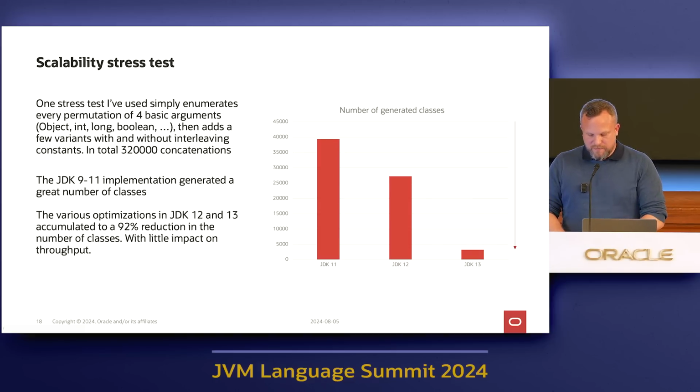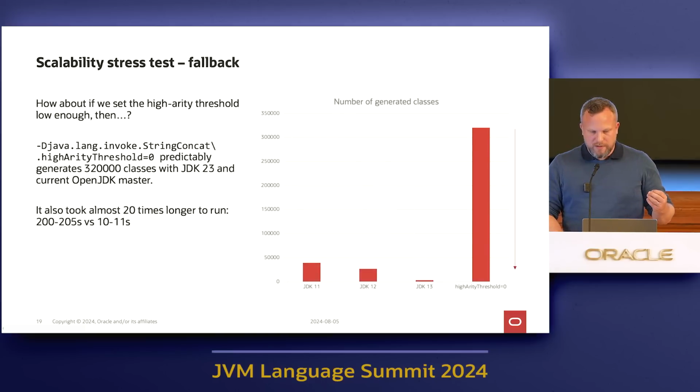And then people have been asking why we removed the string builder strategy, which we have now put in place again as a workaround on large arity.